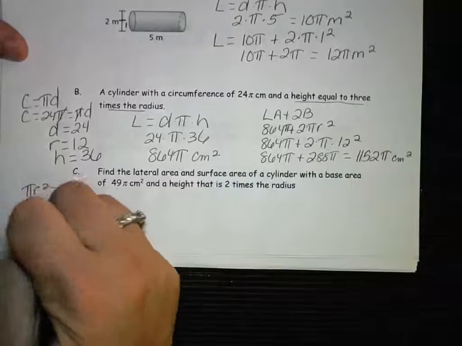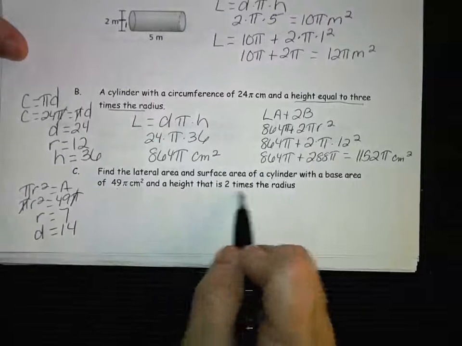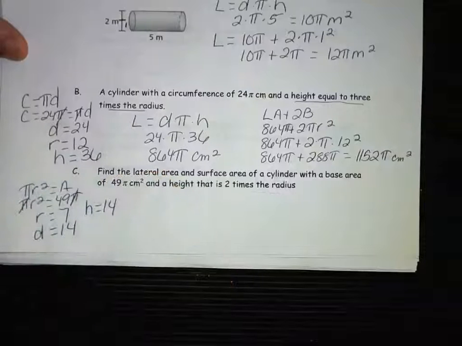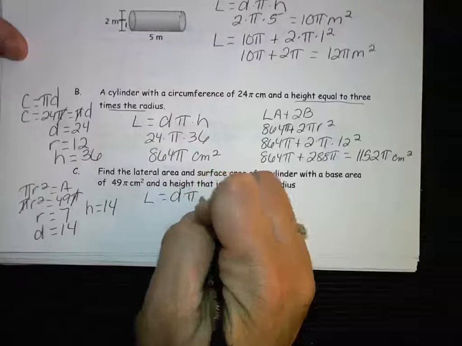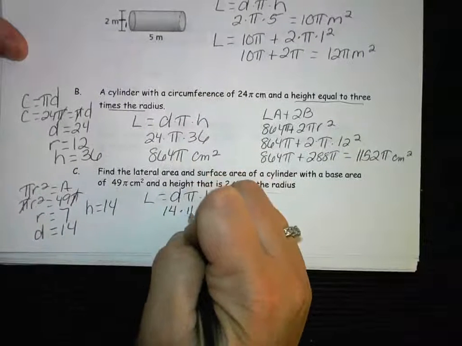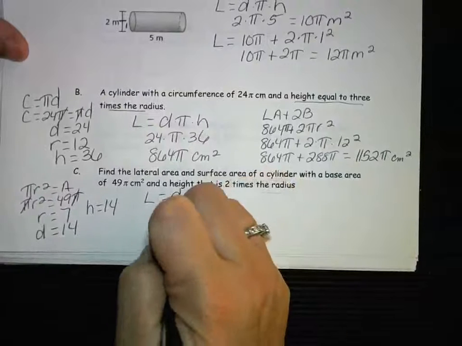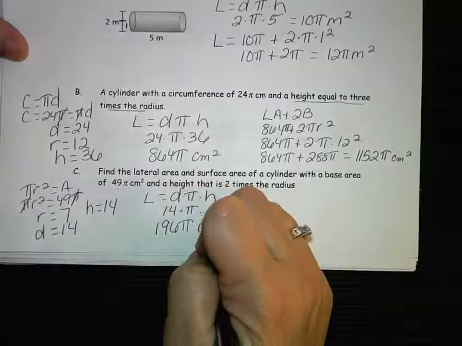That means your diameter is 14, and the height is twice the radius, so the height will also be 14. So finding the lateral area, we have diameter times pi times height. So 14 times pi times 14, which is 196 pi centimeters squared.